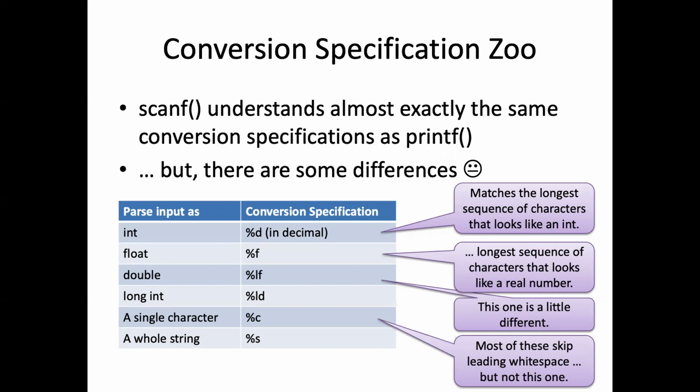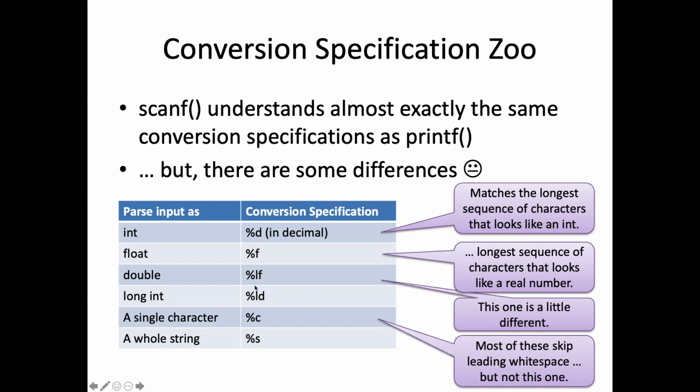So that's where the D comes from. Here's a place where it's a little bit different. In printf, %f would print a double. In scanf, you have 2 different conversion specifiers. %f will read a float. If you want to read a double, you need %lf.